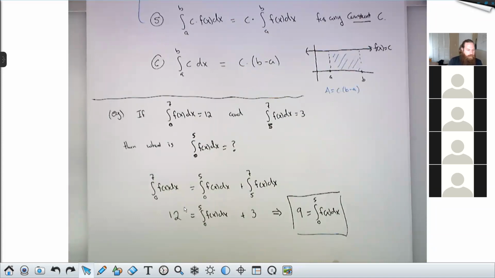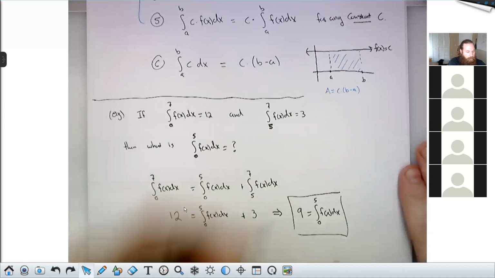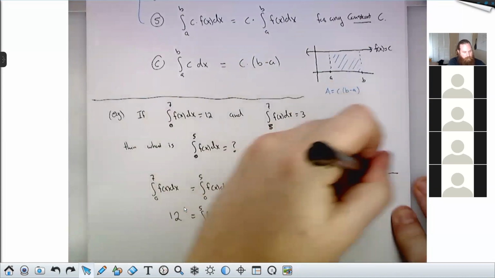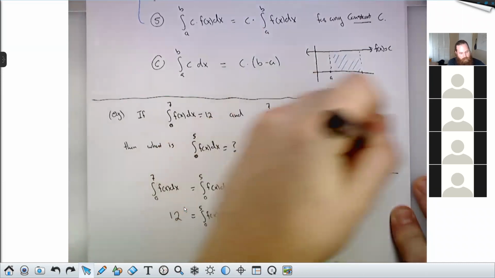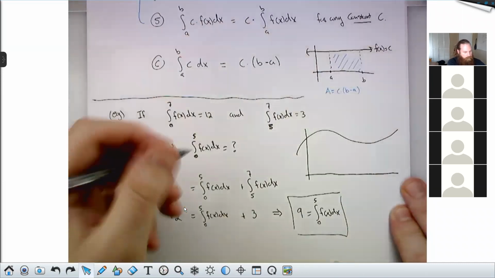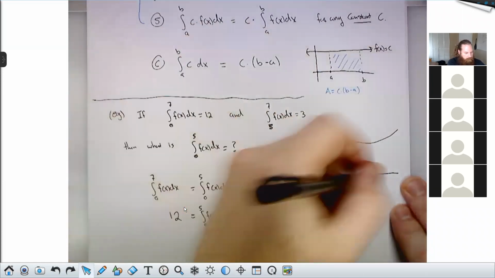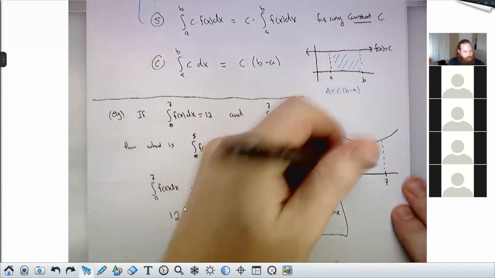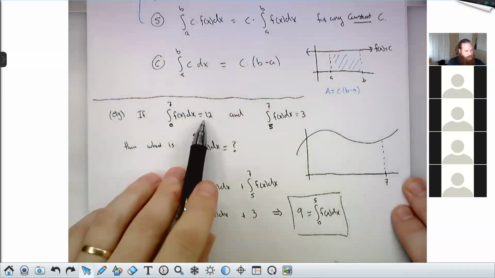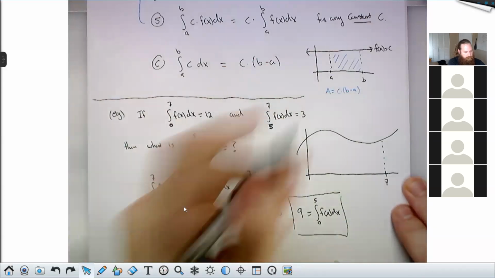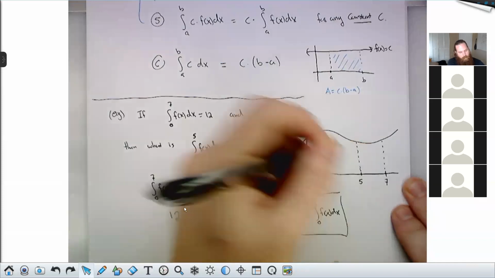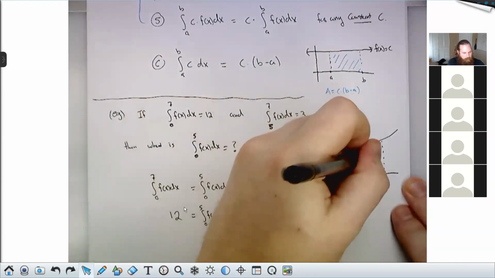And if you're having a hard time with this, you could always try thinking of the picture. Sure, I don't know what the function f of x is, but I can draw a generic looking function and say, okay, well, from 0 to 7, I know that this whole area is 12, and from 5 to 7, I know that this area here is 3.